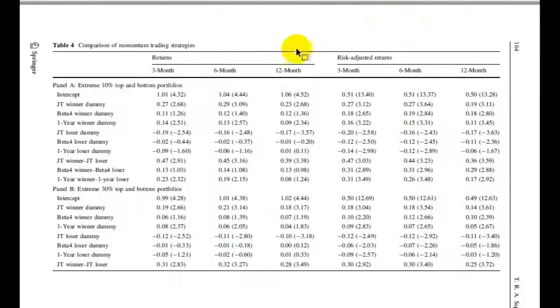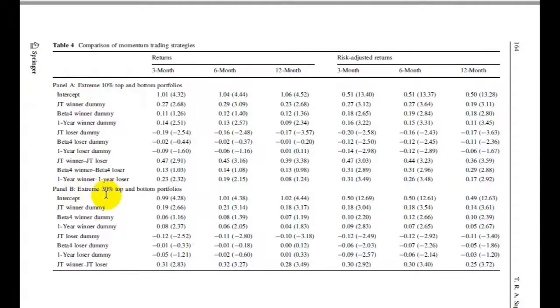Okay, so next we have table 4 here, and what the authors are going to do is a Fama-MacBeth analysis of these three different momentum ranking strategies. And first we see panel A is where they're going to use the top and bottom 10%.